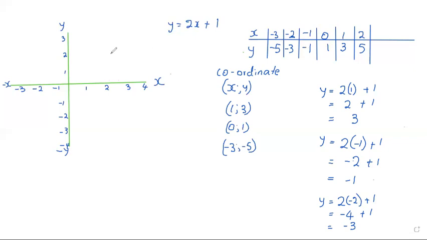We say when x is 0, y is a 1. When x is a 1, y is a 3. When x is a -1, y is -1.